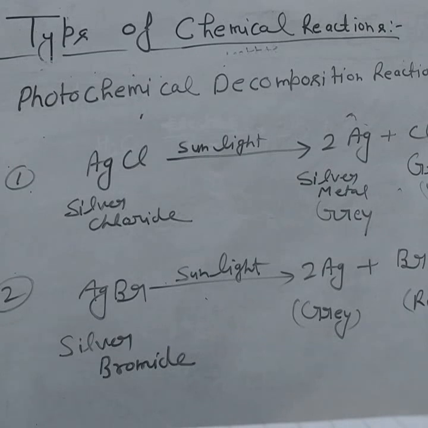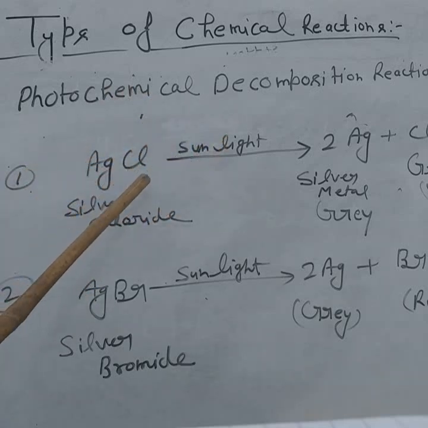Next is the photochemical decomposition reaction. A chemical reaction involving decomposition caused by the action of light or sunlight is called a photochemical decomposition reaction. Some examples of photochemical decomposition reactions.